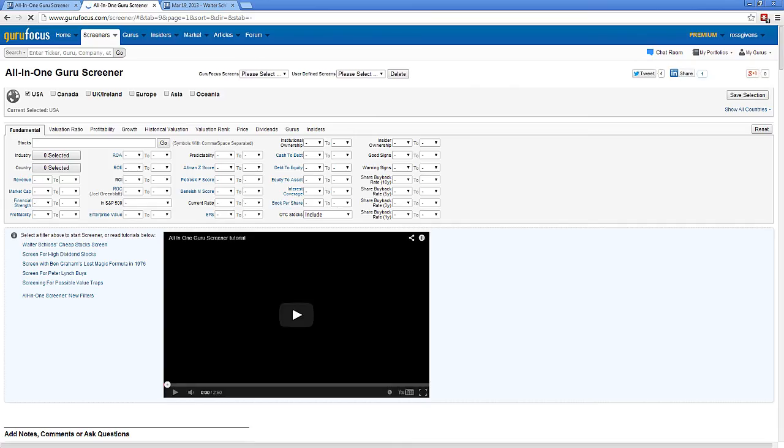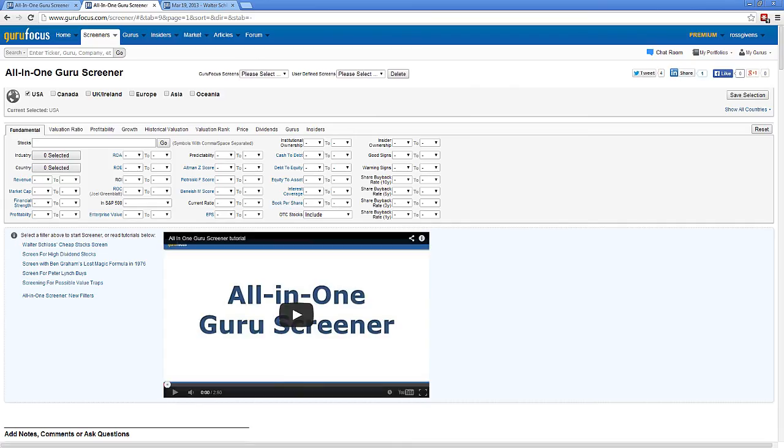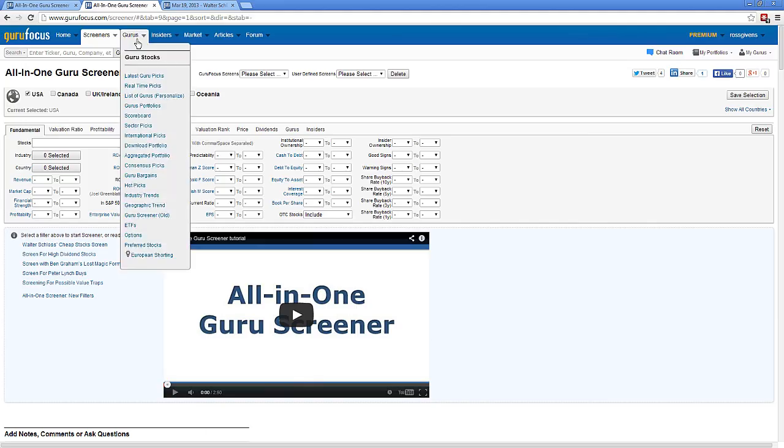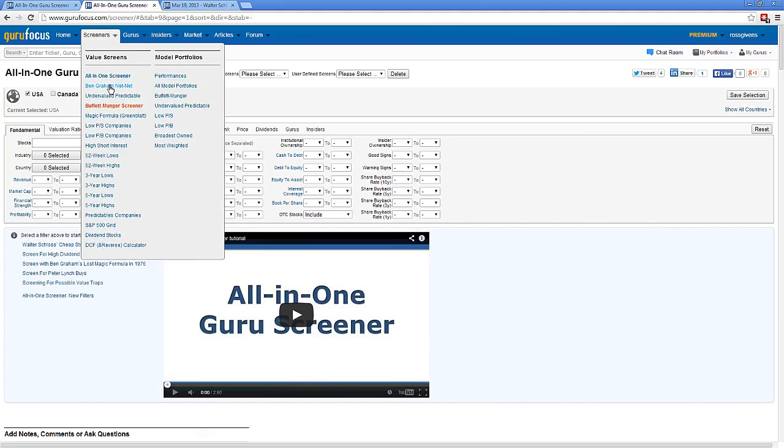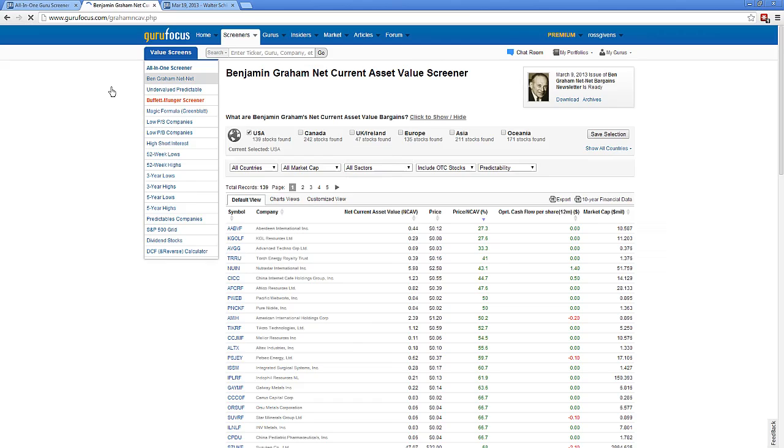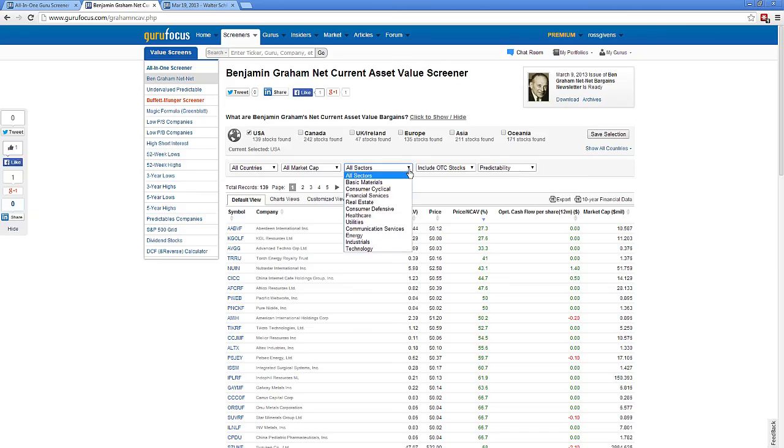Santiago asks, in the default screeners, can you exclude sectors, in other words, financials? Yeah, absolutely. If you go to, say, the Ben Graham Net screener, here a drop down is sectors. Oh, you can't exclude. Okay, so you'd have to do them individually.